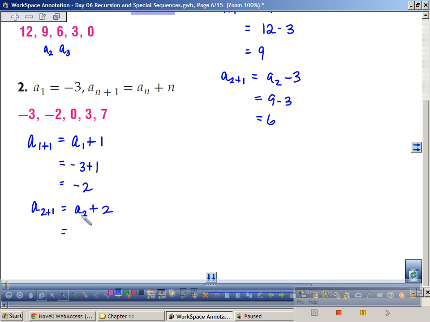Okay. So what is a sub 2? Negative 2. What is negative 2 plus 2? 0. You guys got it? Do one more? Absolutely. So if I want a sub 4, I'm going to plug in a sub 3. So a sub 3 plus 1 equals a sub 3 plus whatever n is, which is 3.